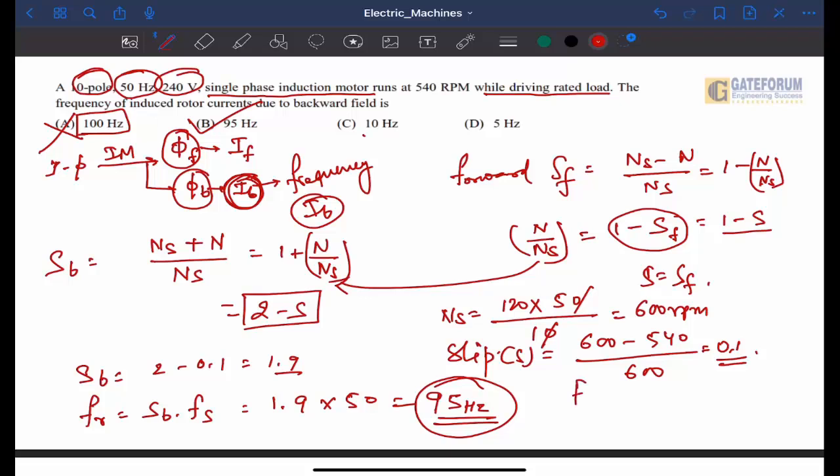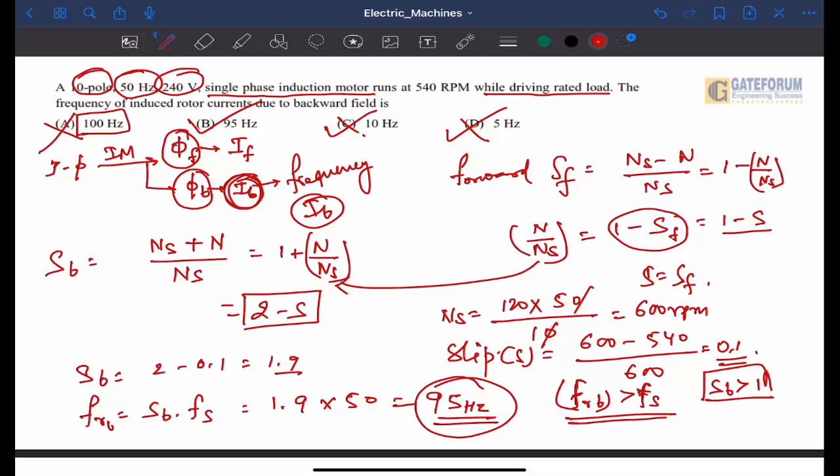So we can say that the rotor frequency due to the backward field will always be greater than the supply frequency, since SB is always greater than 1. Correct? So by this concept we can eliminate option D, and we can eliminate option C. So without solving this problem, we could have answered that option B is correct.